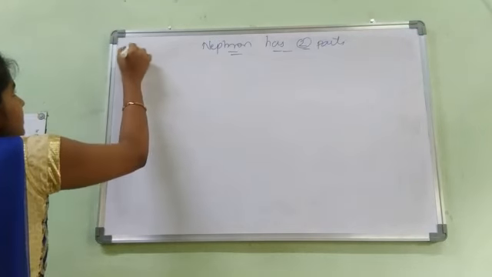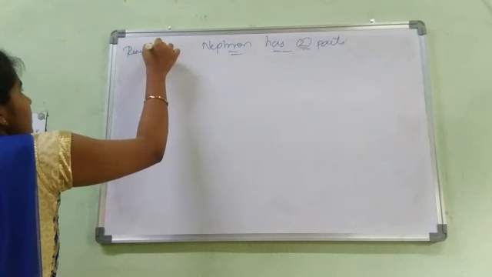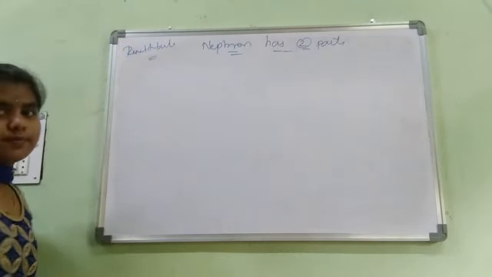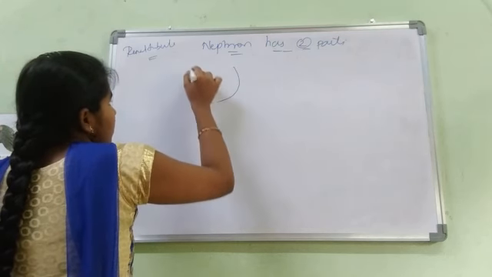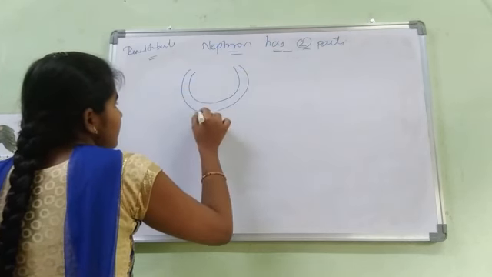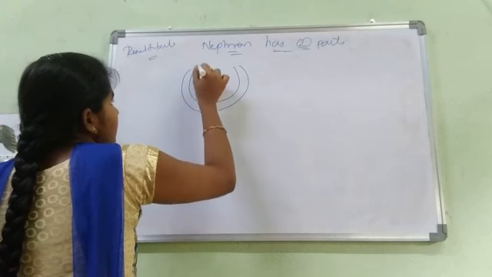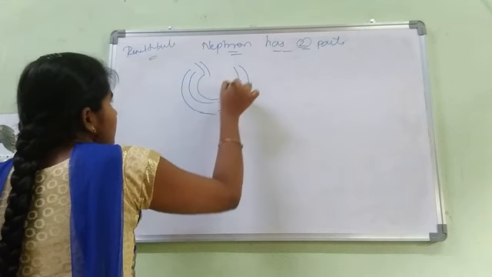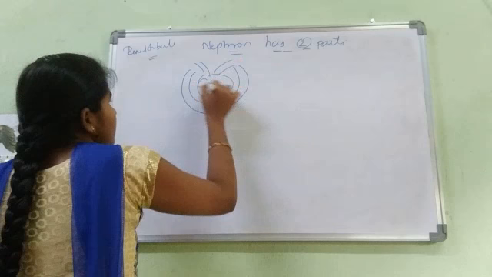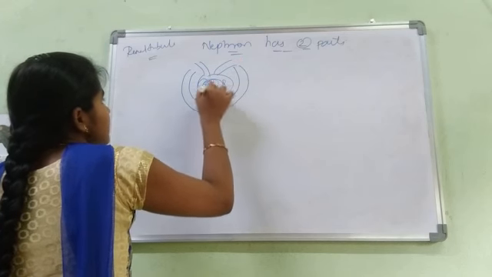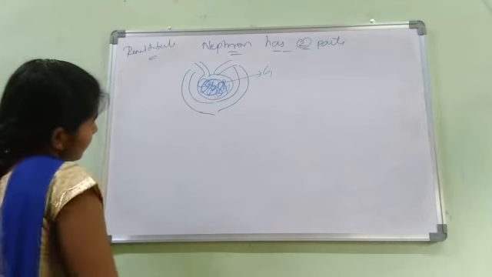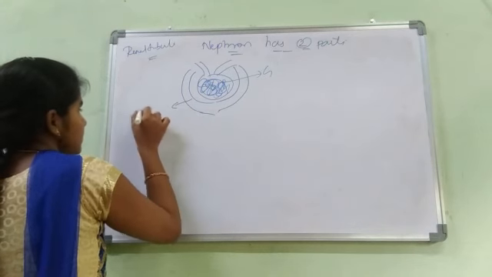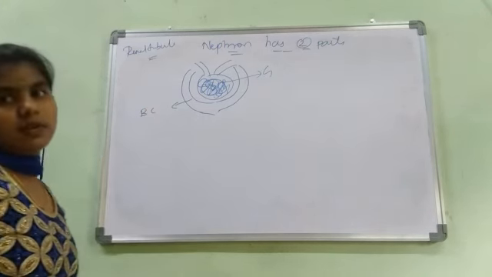Now let us discuss the renal tubule. Here we have seen the glomerulus, and this is the Bowman's capsule.